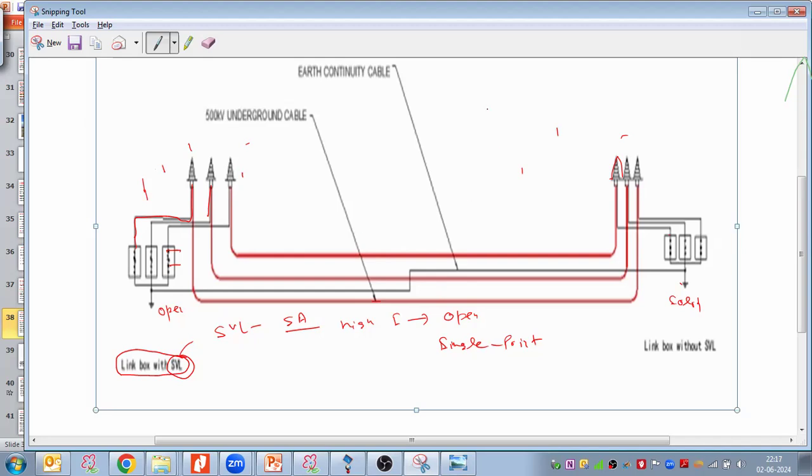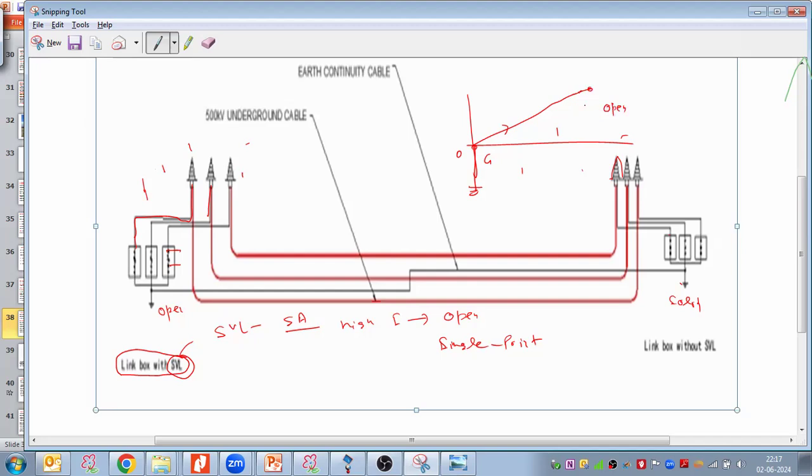Since you are not using both-side grounding, you are using this kind of sheath voltage graph: here it is grounded, so zero voltage, sheath voltage zero. At the same time, this second terminal is not connected to the ground. It is open.